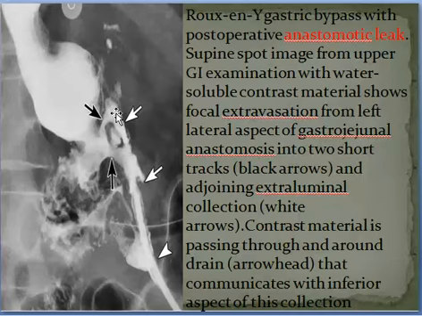This all is extraluminal collection. So this is a drainage tube, and this is another drainage tube. This is the extravasated contrast, and this is the leaking part, and this is another leaking part, and this is the anastomosis between the pouch of the stomach and the jejunum.